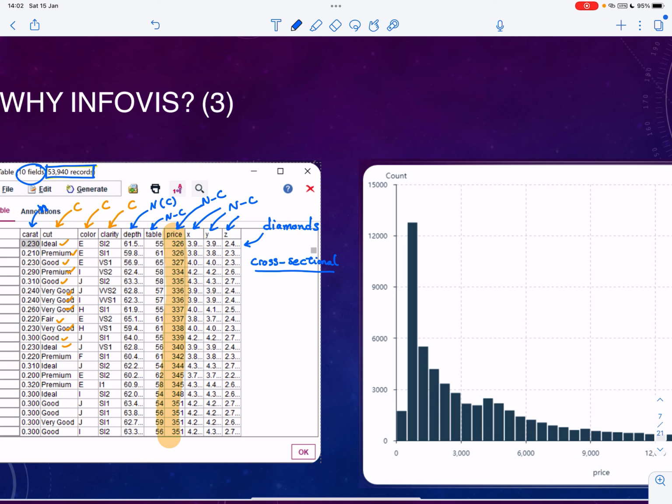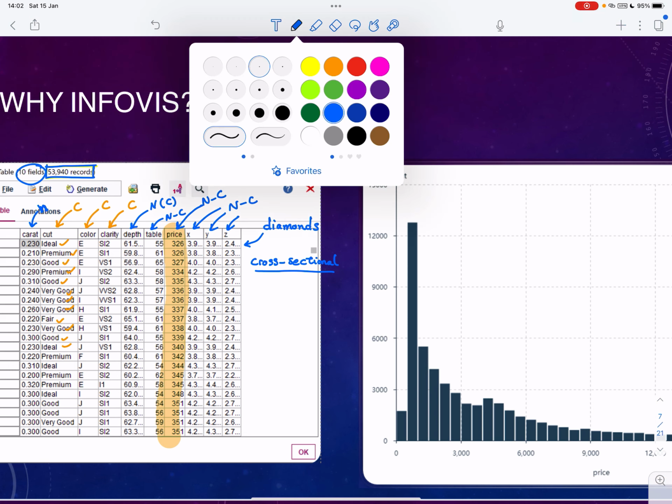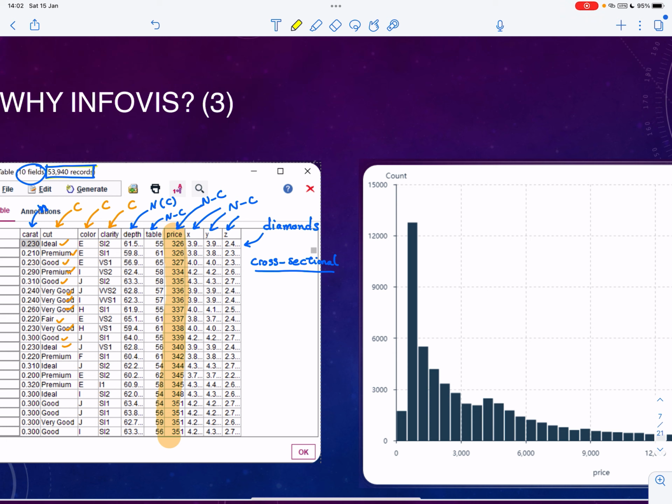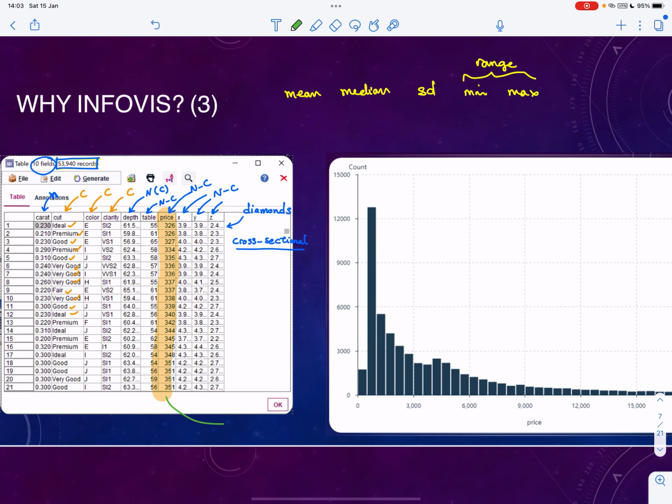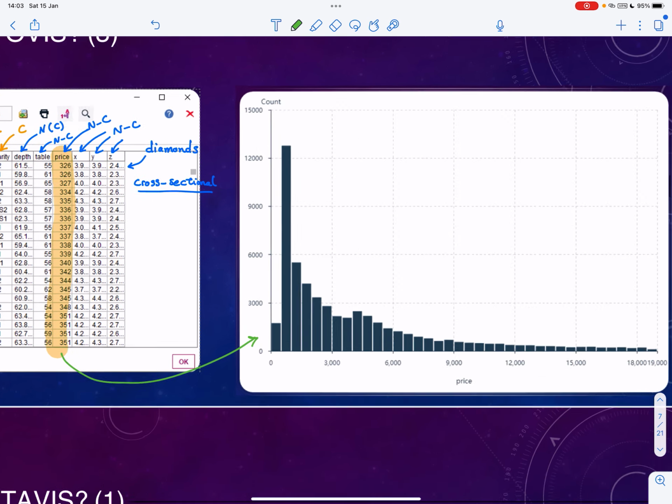The other way is using numerical tools like calculating mean and then median and then standard deviation, okay, and then minimum and then maximum, and based on these two, range, and any other thing that you might want to calculate using numerical tools. But we can have everything almost in one plot. If we visualize properly this variable, we would have a histogram.